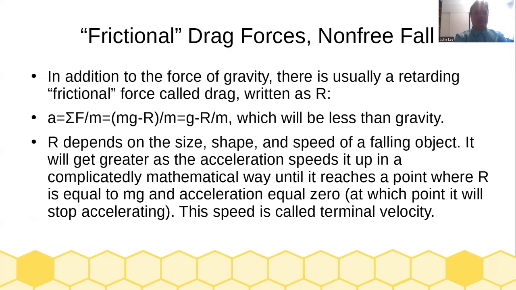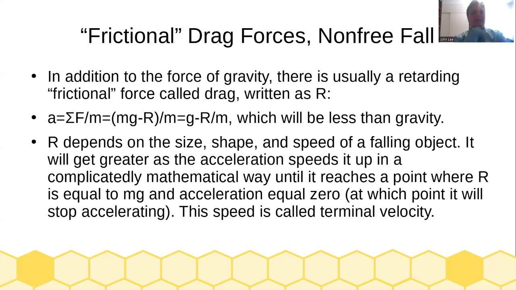These are called frictional drag forces. So in addition to the force of gravity, there is usually a retarding frictional force called drag, written as R. Acceleration is the sum of forces over m, which is equal to the weight minus R over m, which is equal to g minus R over m, which will be less than the acceleration due to gravity in free fall. So R depends on the size, shape, and speed of a falling object.